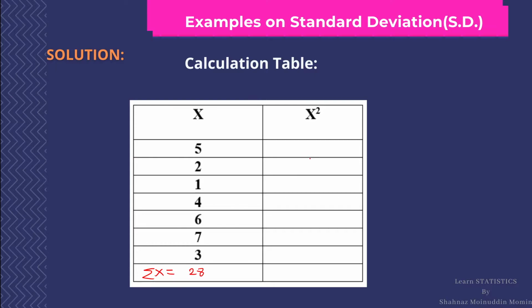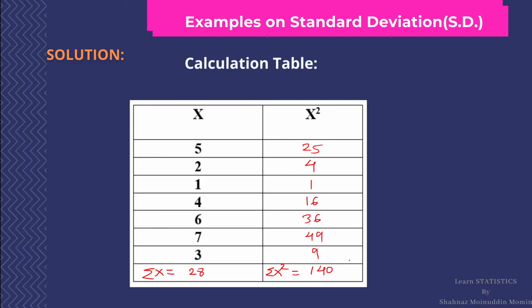Now we will obtain the next column, x square. The first value is 5, so its square is 25. 2 square 4, 1 square 1, 16, 36, 49 and 9. By adding all these values, we get summation x square is equal to 140.